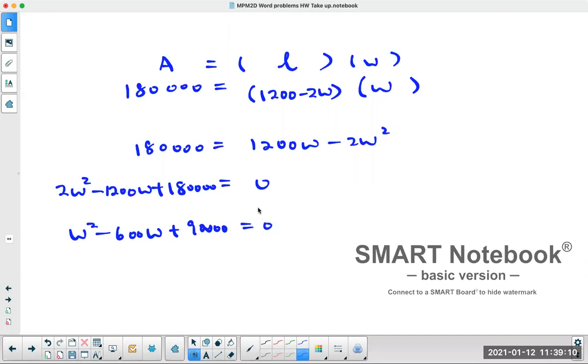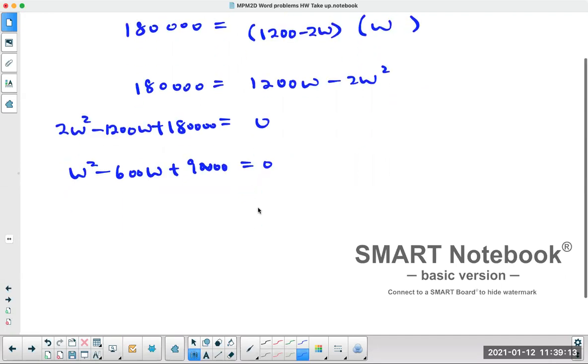Now, this one is actually factorable. It's a perfect square trinomial, something that we did earlier. So I'm going to do factoring here, but if you want to use the quadratic formula, feel free to do so. I just find factoring in this question a little easier. W is going to be W squared.